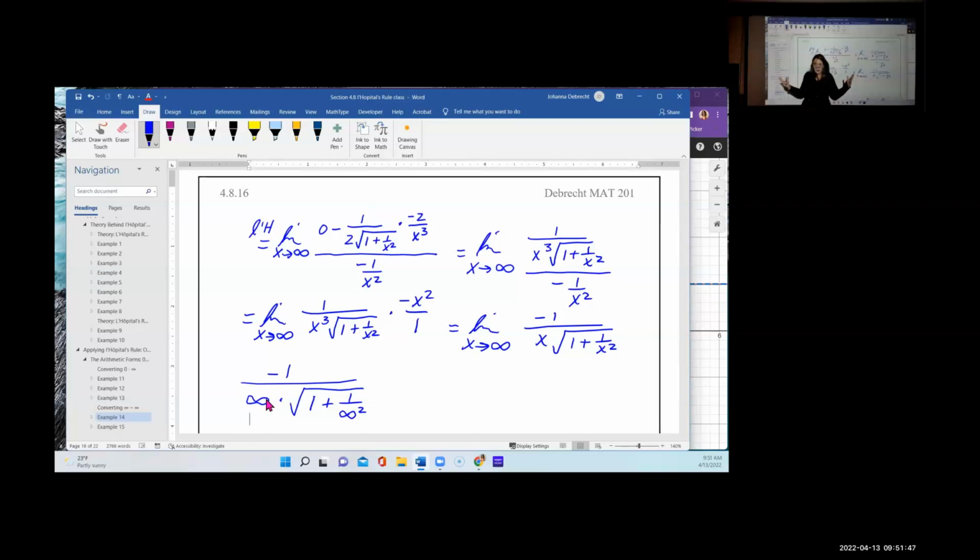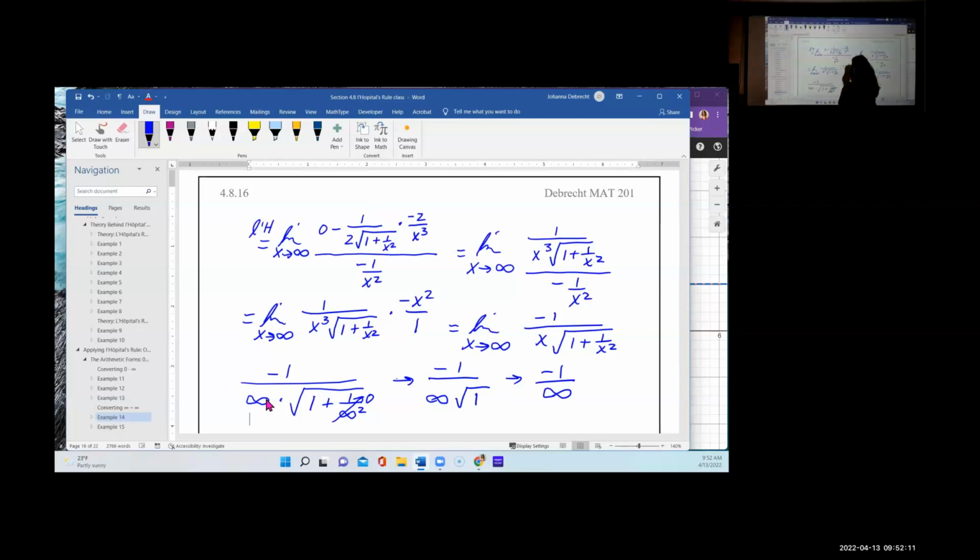It's just bigger. And so 1 over infinity squared is going to go to 0. And again, it's approaching 0. So this becomes negative 1 over infinity times the square root of 1, which becomes negative 1 over infinity.